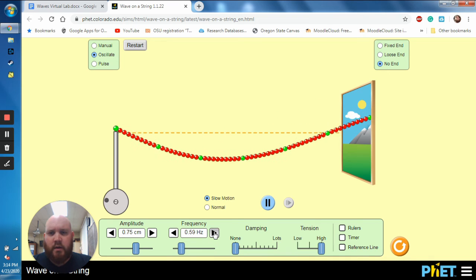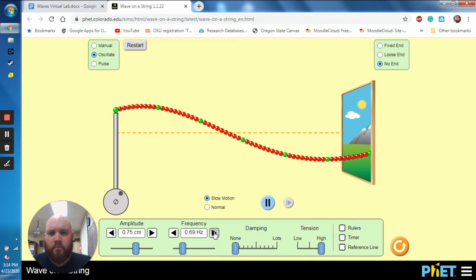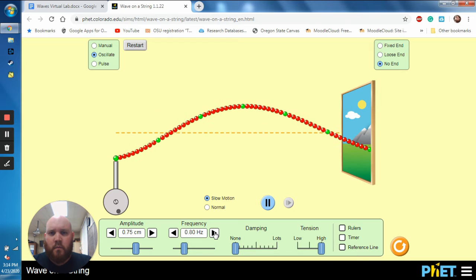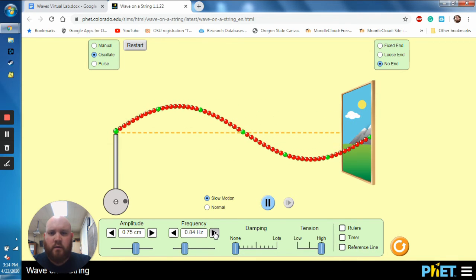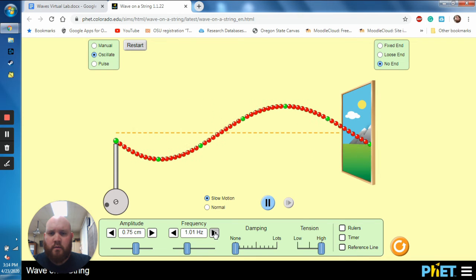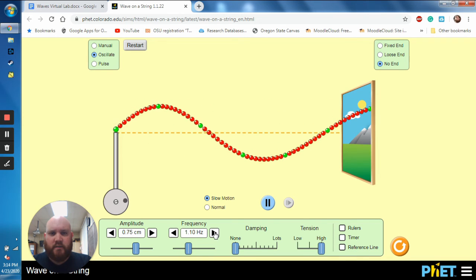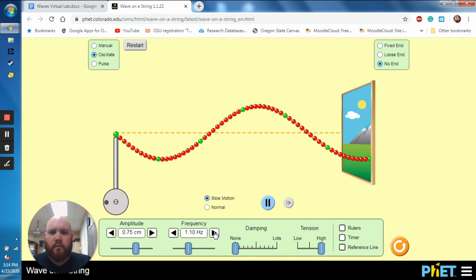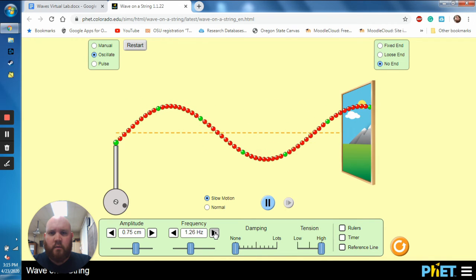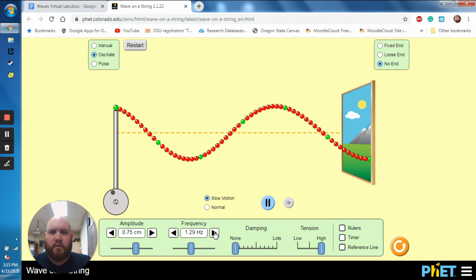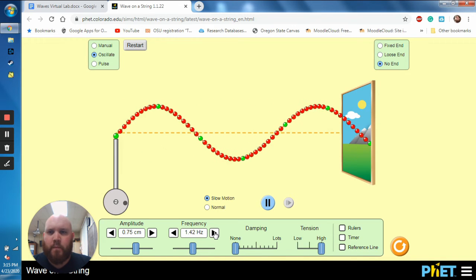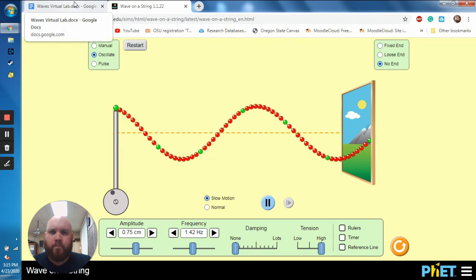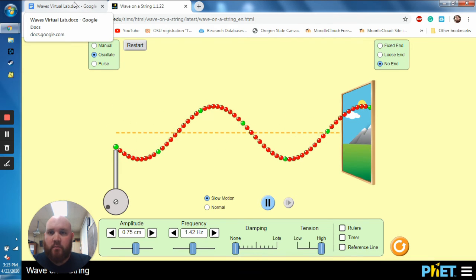And as we go up a little bit, there's a little bit higher frequency. And you can mess with this as you go too, right? So as we get higher in frequency, see some changes happening in this wave.